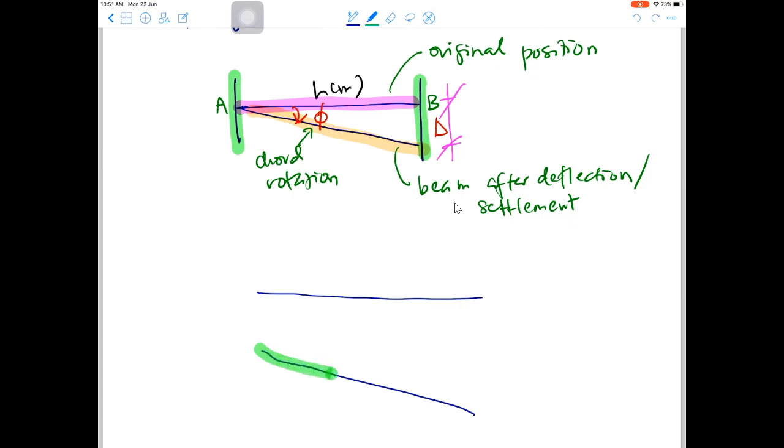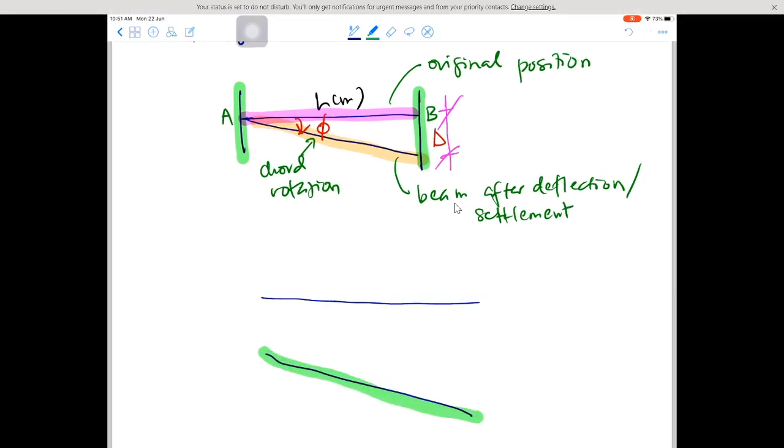And the fixed end moment, remember that fixed end moment is the behavior.